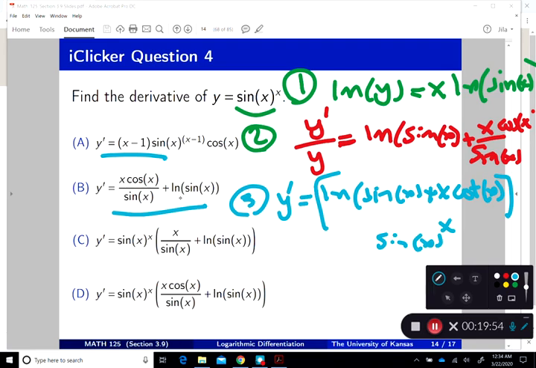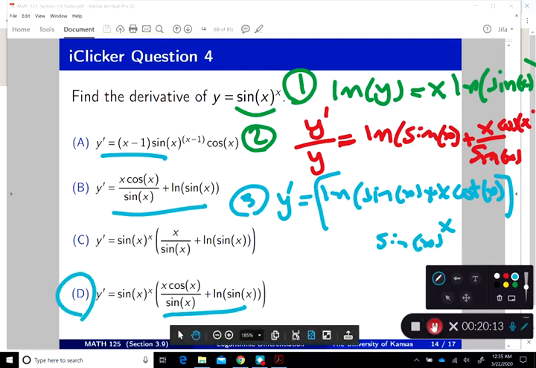Then we have to look at these two, and I see I have the natural log of sine of x in both of them. In here, the cosine on top is not there, but in here that one is there too. So D is the answer.